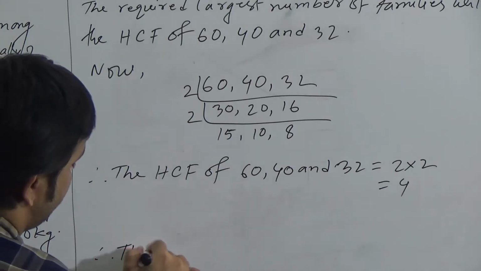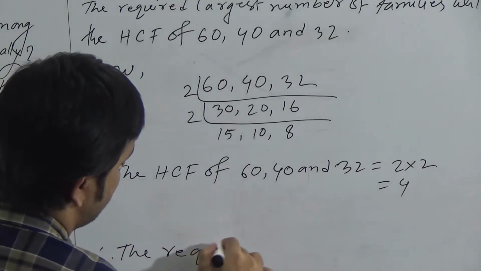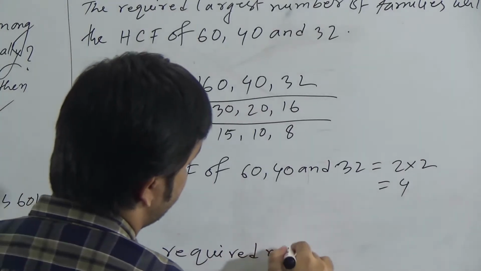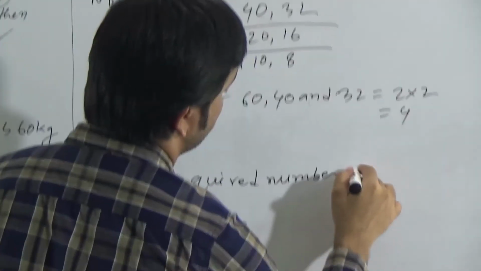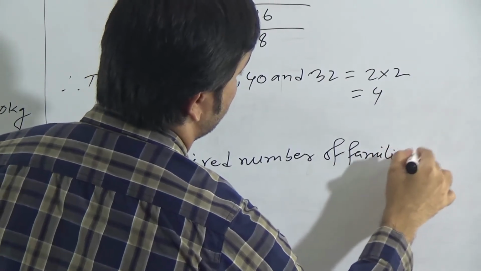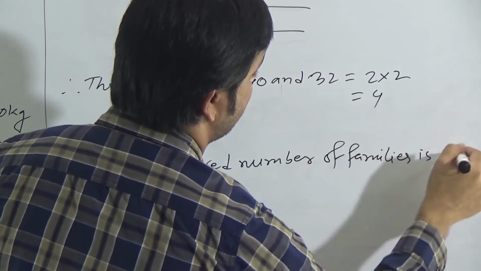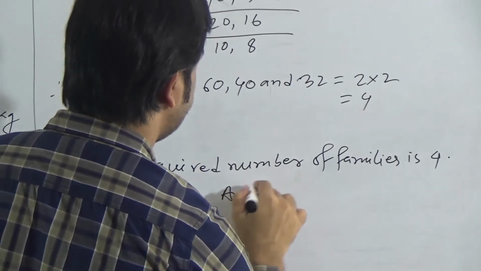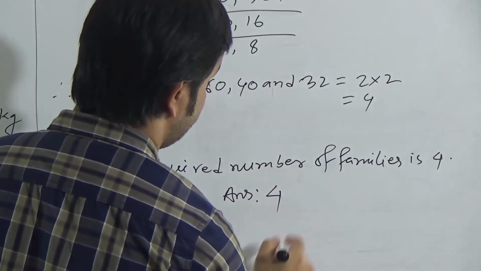Therefore, the required number of families is 4. So, the answer of question B is 4 families.